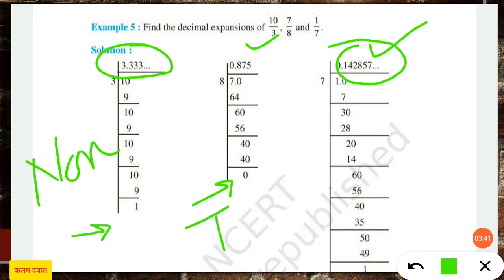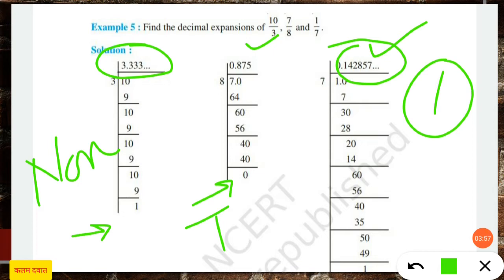So the first case says that a number which terminates after decimal expansion is a rational number with terminating decimal expansion.